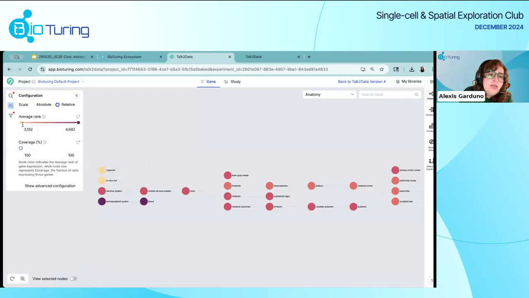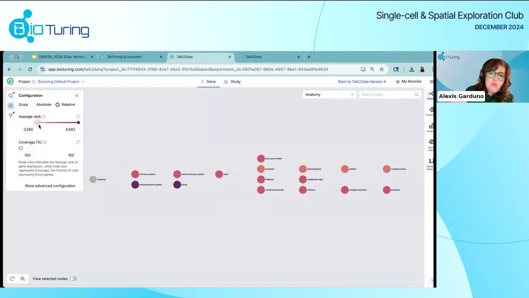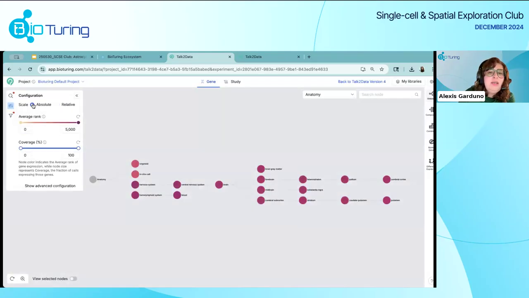You can also change the average rank to really look at where that enrichment is mainly concentrating, in terms of how you're able to change the scale as well. So when you adjust the average rank scale, what you're trying to do is configure how you're looking at the expression of SNCA within the entire database.